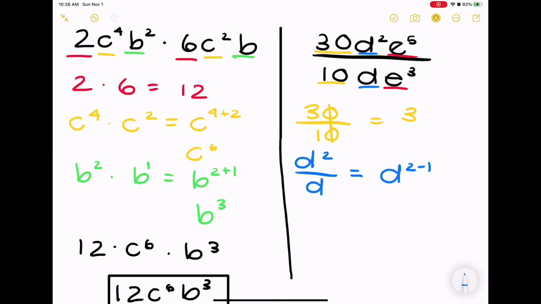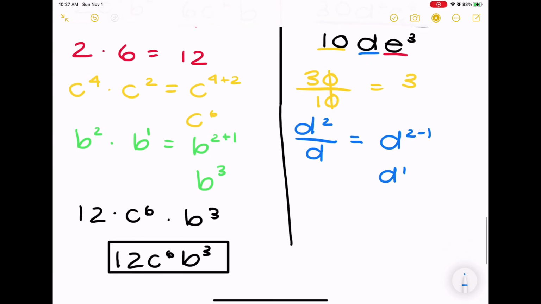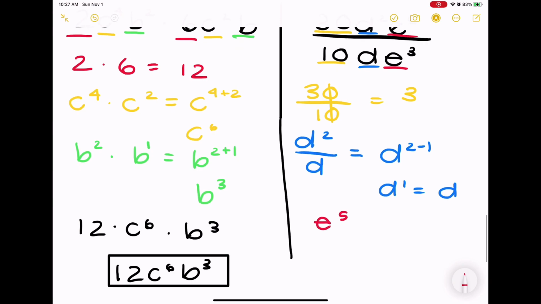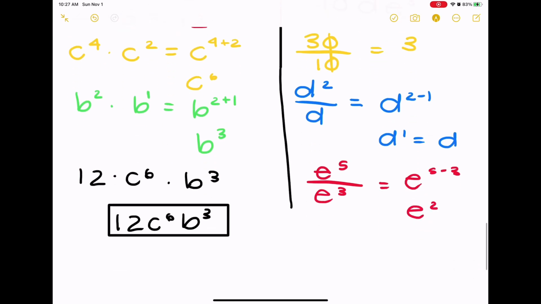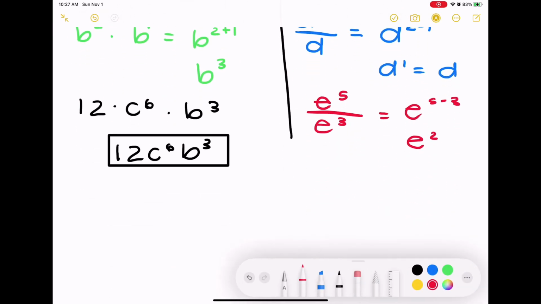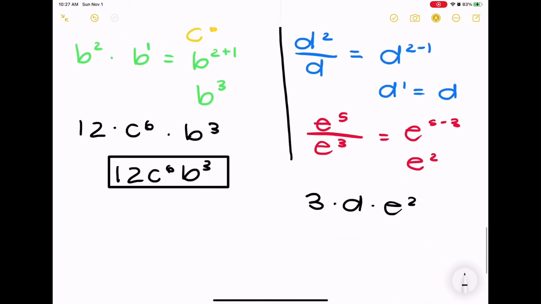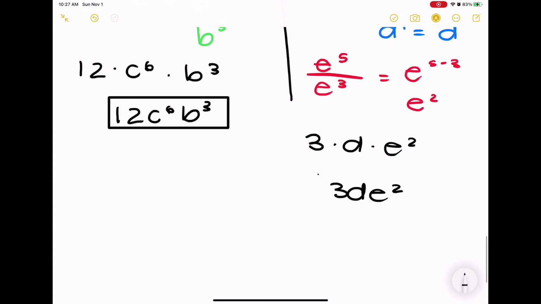So we'll get just d, because remember the invisible one, we cannot forget about that one. And then we'll do e to the 5th divided by e cubed, which is e to the 5th minus 3, which is e squared. If we put that all together, we just write 3 times d times e squared, which we can write without the multiplication signs.